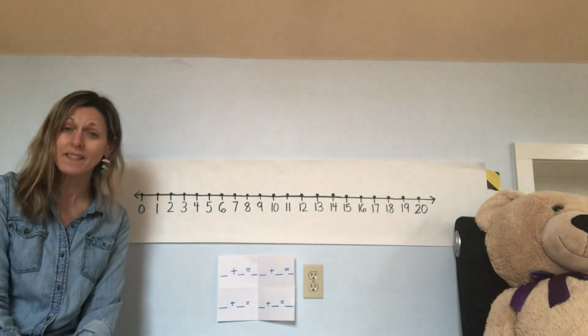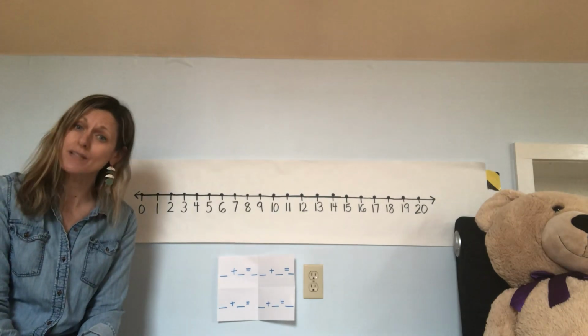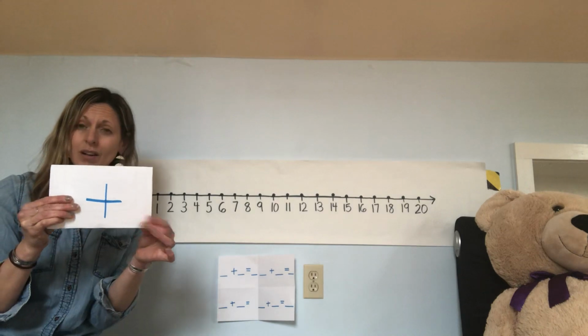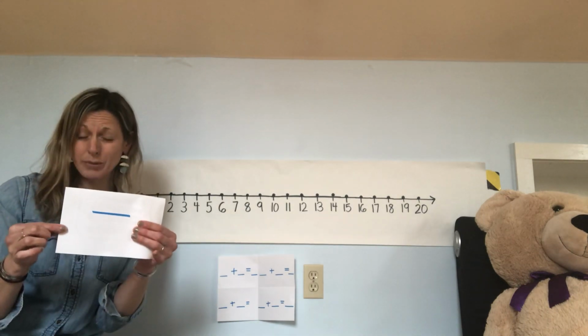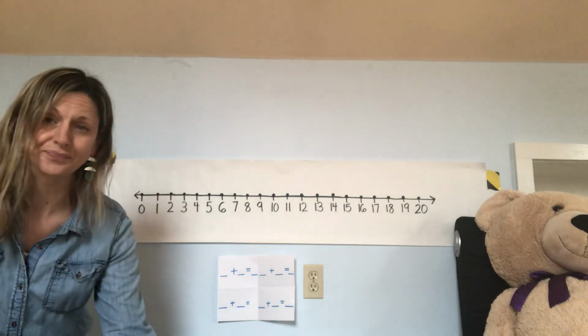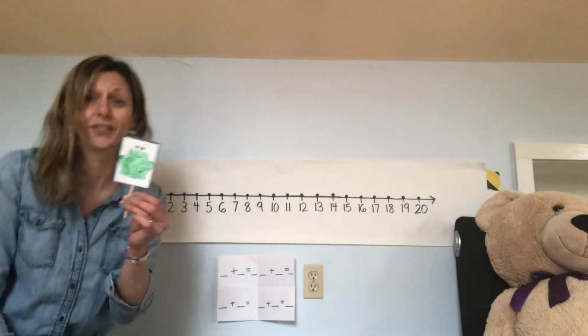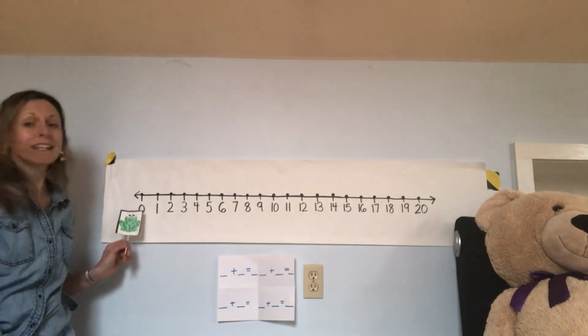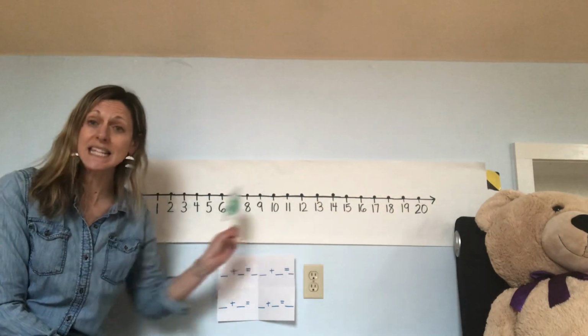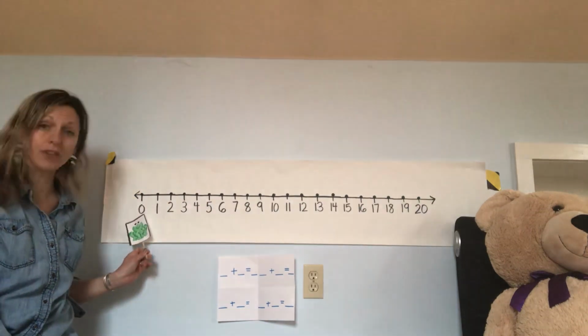So today is going to be a lesson on how we use the number line when we're trying to add numbers or maybe subtract numbers, okay? So the number line you see here, and I'm going to use my frog pointer to help today, starts at 0 and it ends at 20. Let's say the numbers from 0 through 20 and the frog will point to it.